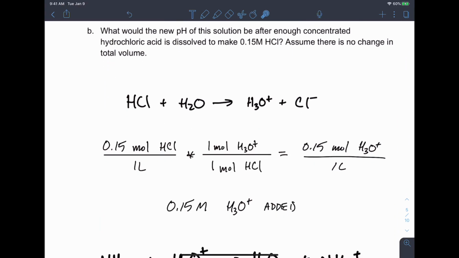So now what we want to do is determine the new pH of the solution after we add a certain amount of hydrochloric acid. So we're adding enough to make 0.15 molar HCl, and just to make our lives easier, we're assuming that there's no change in the total volume.